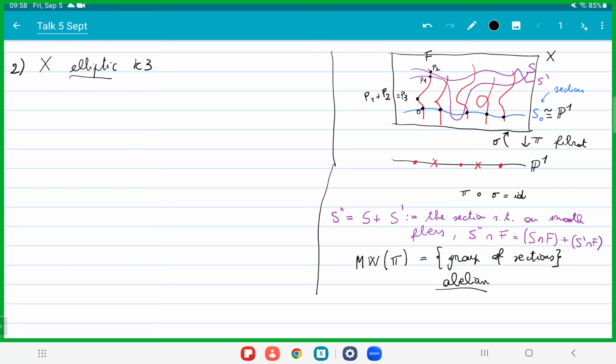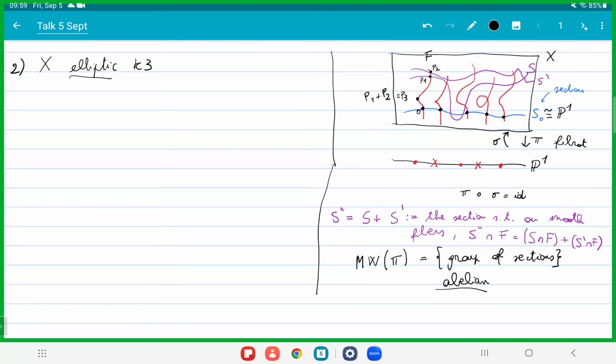Instead, when you don't have a section, you have what we call multi-sections, curves that meet fibers at more than one point, but there's not a group law for those. So it becomes a bit harder to study automorphisms in that case. But that's what generically happens. Okay, thank you. Of course.